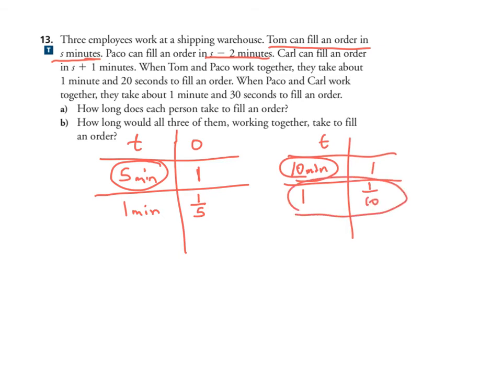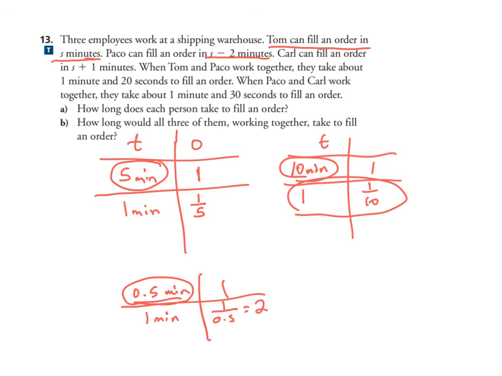Let's say it only takes me half a minute, 0.5 minutes to do 1 order. Well, that means if I have 1 minute to work, I have twice as much time, right? That means I get 1 over 0.5 orders done, which is equal to 2 orders done.